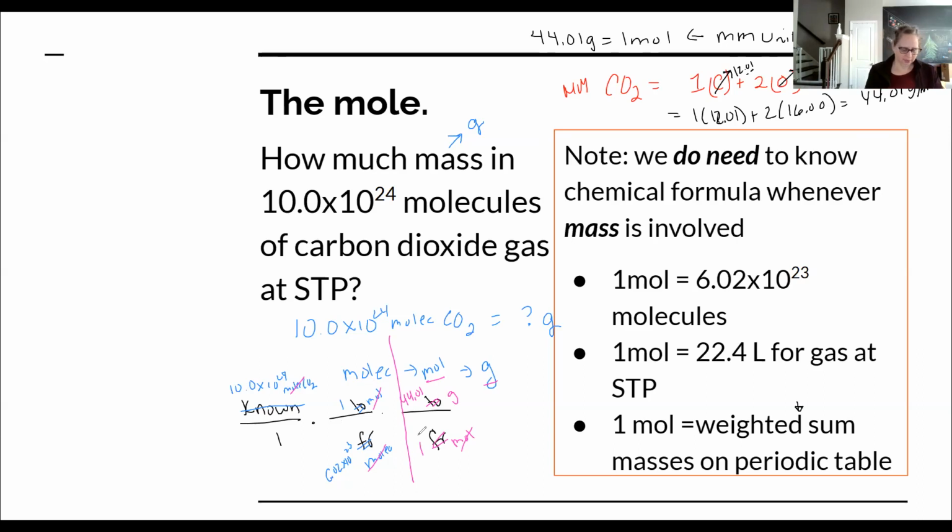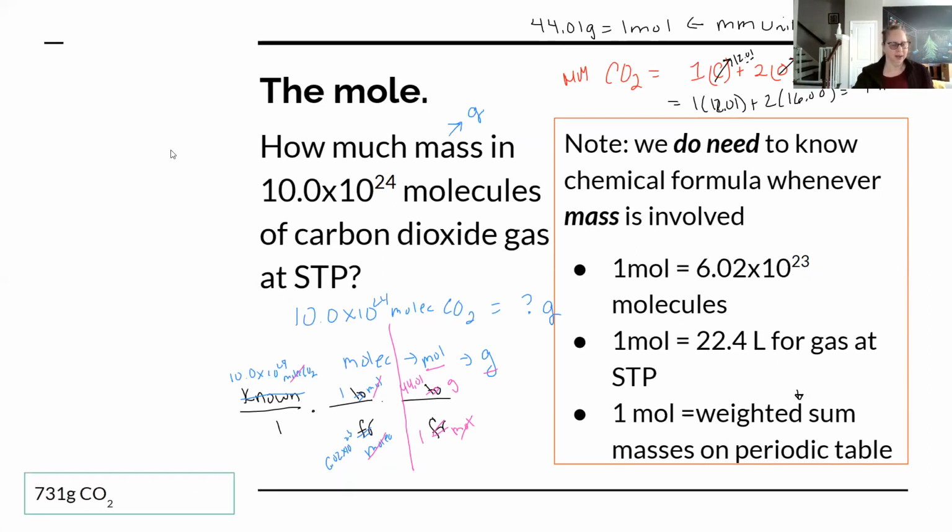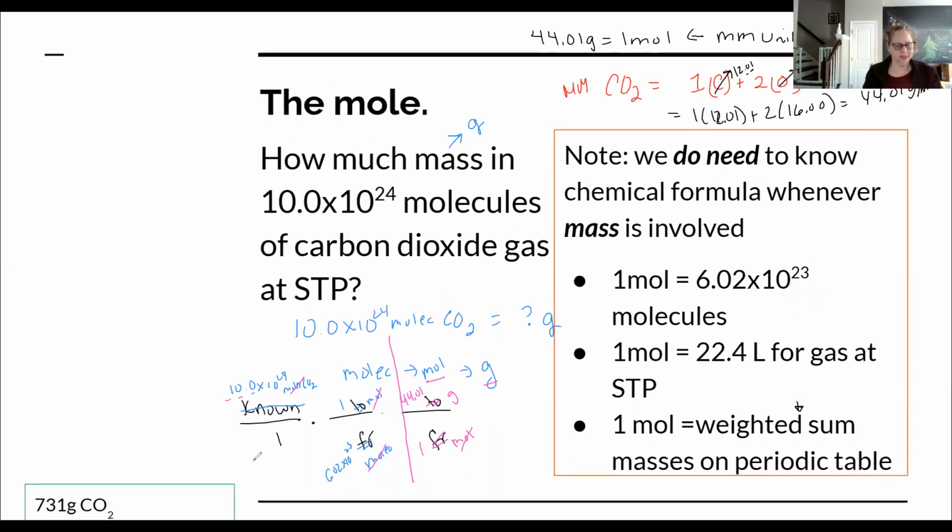And then we continue on and take the moles times 44.01, and that gives us 731 grams of carbon dioxide when we round to 3 sig figs. Why 3? 1, 2, 3, same as each other time.